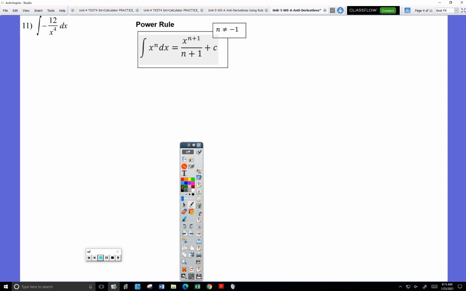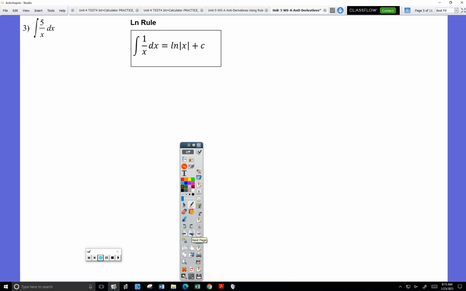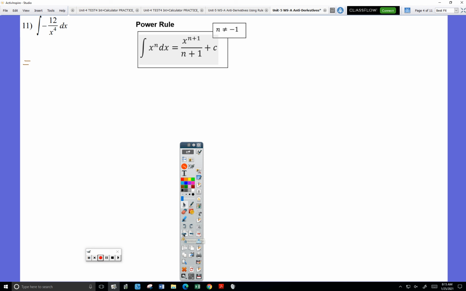Okay, once in a while you encounter a problem like number 11, where there actually isn't a rule that works. For example, don't be deceived into thinking that the natural log rule will work.